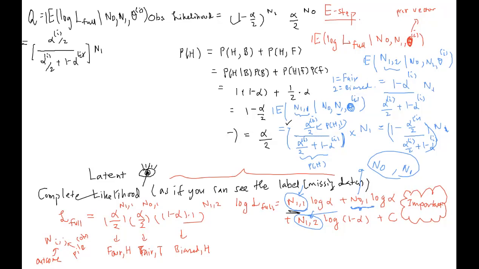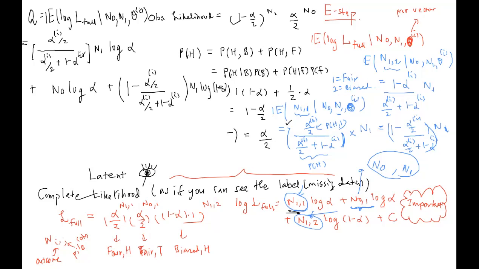And 1 log alpha plus N0 log alpha. Okay, I might as well just write it N0, yeah? Then plus the other one is 1 minus this. And 1 log 1 minus alpha, okay?